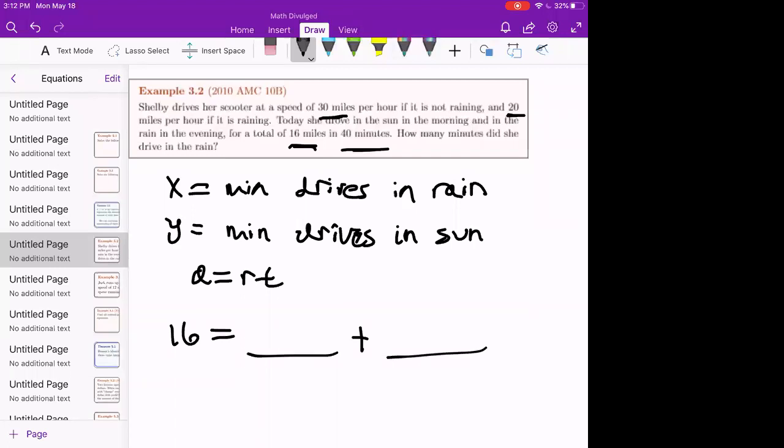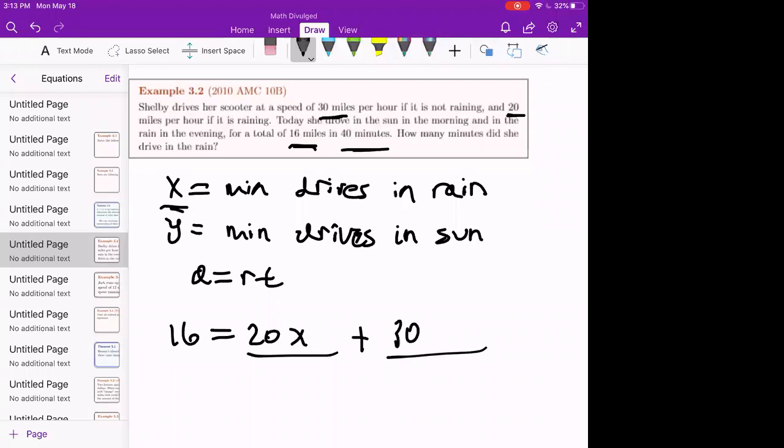The rate for when she's driving in the rain is 20 miles per hour. So we're going to write 20, and the time we assigned to the variable x, so it's 20x. And then the rate at which she drives in the sun is given as 30 miles per hour.